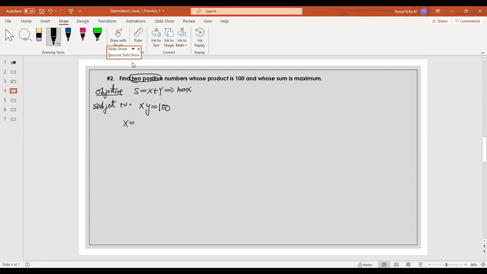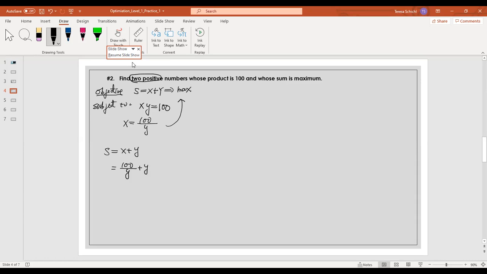So x is equal to 100 over y. After that, you substitute into your objective function. So S is equal to x plus y, and we replace x: it's 100 over y plus y.